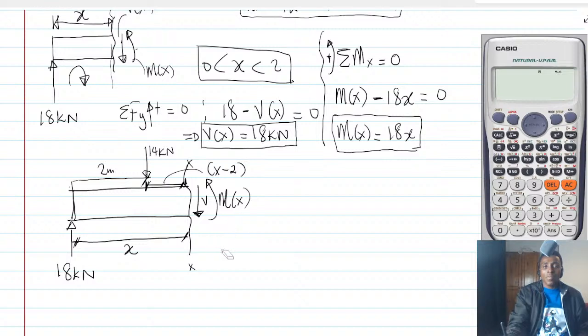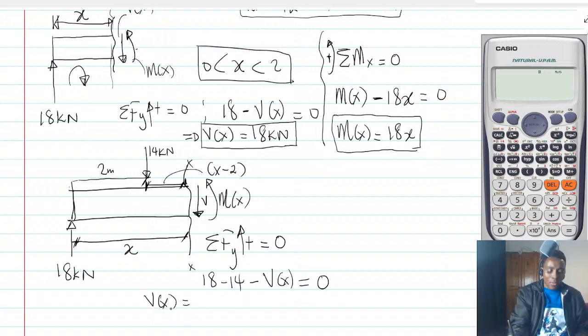Okay. So summation of forces, every force going up should be positive is 0. So 18 minus 14 minus the shear force should be 0.